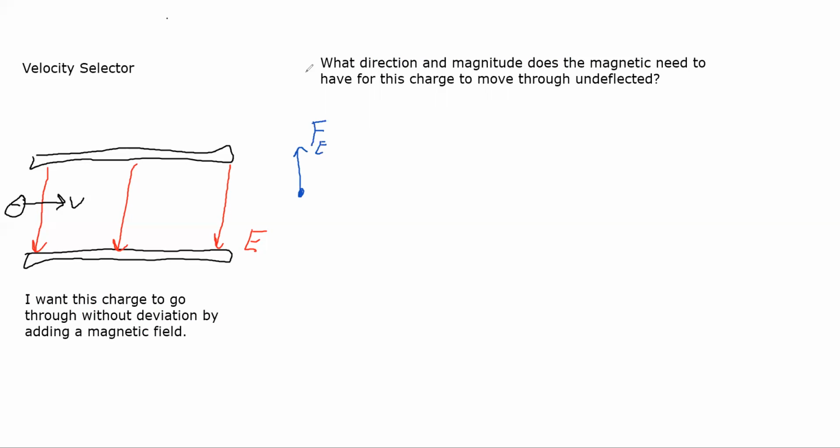If I want this to go through undeflected, I need some other force to go down, and that'll be my magnetic force. The issue is I have the velocity of this object going to the right, and it's a negative charge. So we're going to have to figure out through the right-hand rule what direction we want the magnetic field to go in order for the magnetic force to go down.